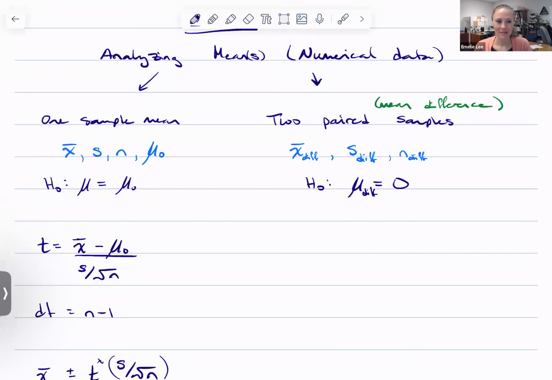But knowing that now I have this one sample means type of question, it's just that my one sample are differences. So then my t is going to be my sample mean of the differences, technically minus zero. How far is it from zero? My hypothesized value of zero.